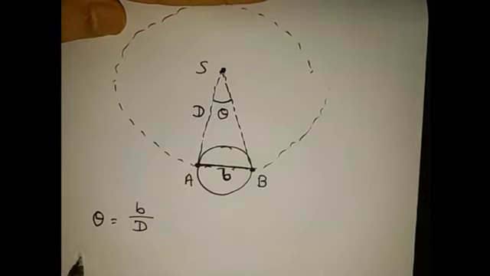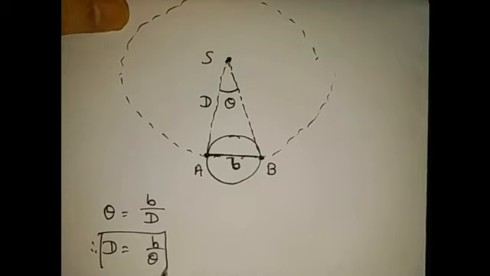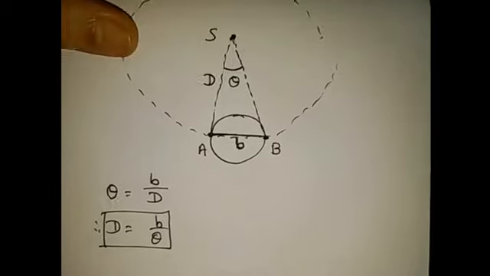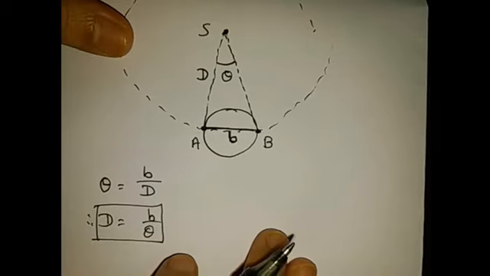So now what do I want to find? We want to find this D. So make D the subject. So D equals b upon theta. Okay, we derived this formula. And I had told you one point you have to keep in mind while using this formula: this theta must be in radian. Okay, so this was the parallax method.